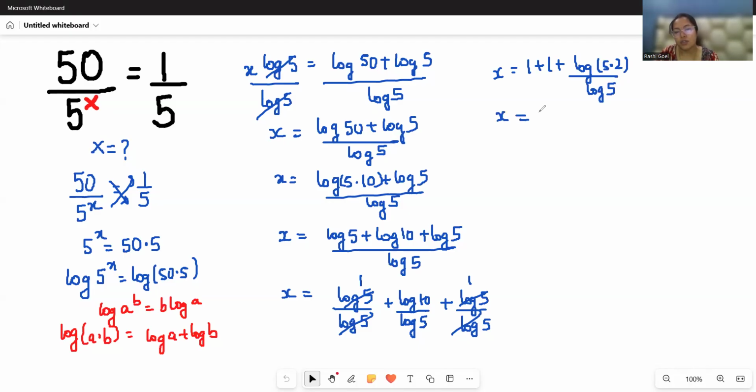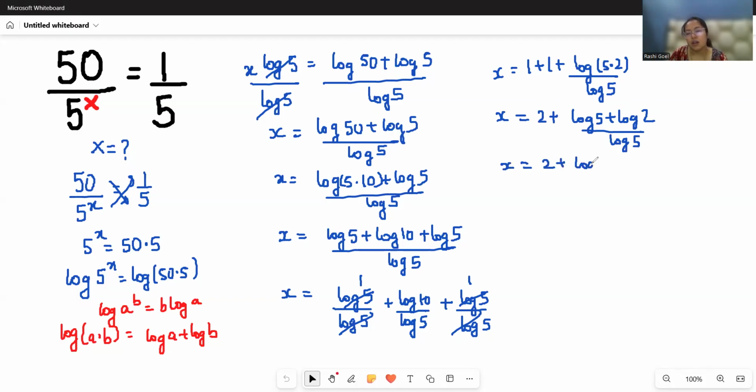So x is equal to 2 plus, this becomes log 5 plus log 2 by log 5. x is equal to 2 plus log 5 by log 5 plus log 2 by log 5.